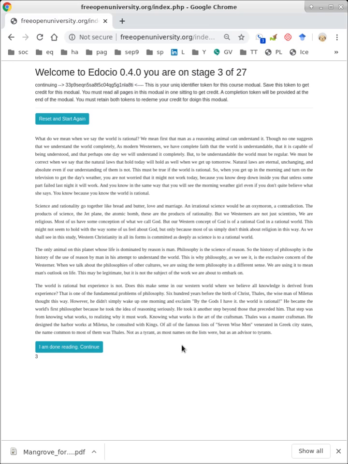People that do a lot of textbooks on Edocio will find that when they're reading other things elsewhere, they read better, paying more attention, reading more closely and understanding better. So it does have a positive effect.